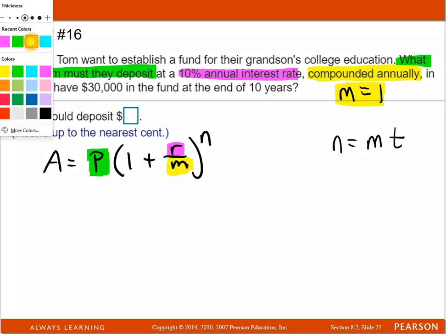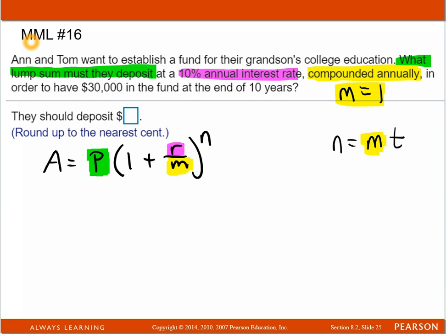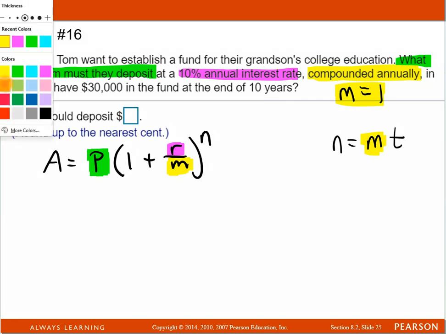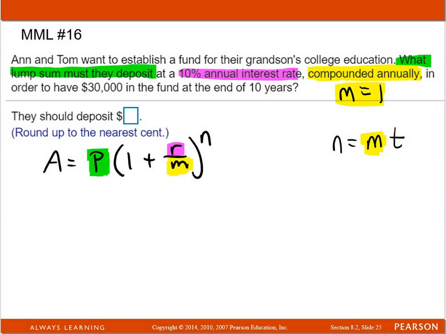I know my m is a 1, and then my time is 10 years. So that's that. And then the only other number they give me is in order to have $30,000. That's the future amount. 30,000 goes there.